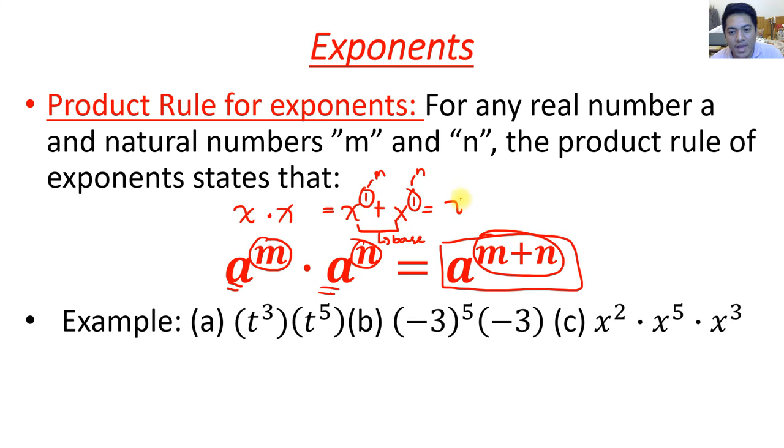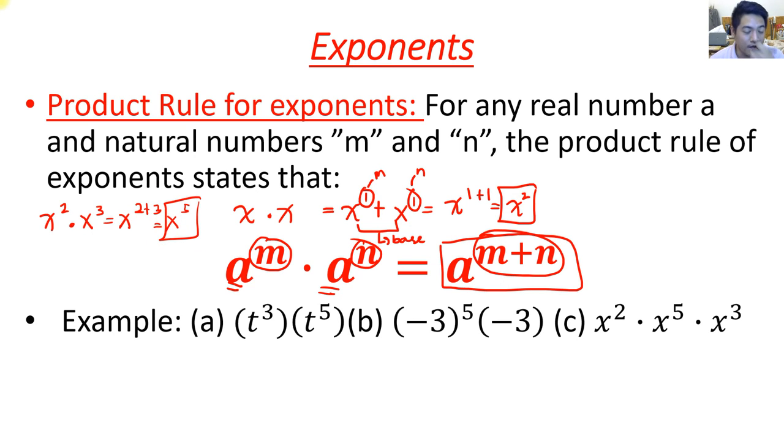So you have to copy the base, which is the x, and then you have m plus n, 1 plus 1, so you have x squared. So that's why x times x would be x squared. Another thing, if we have x squared multiplied by x cubed, that would be x raised to 2 plus 3 equals x raised to 5. So that's the product rule.